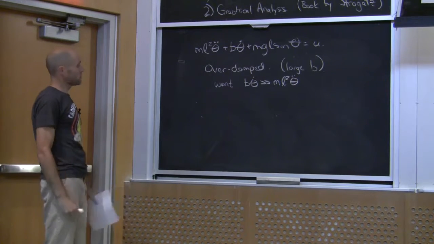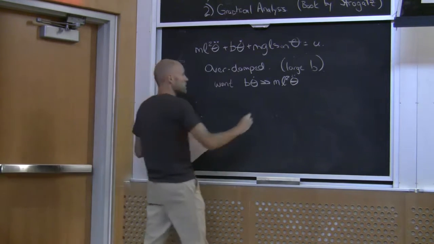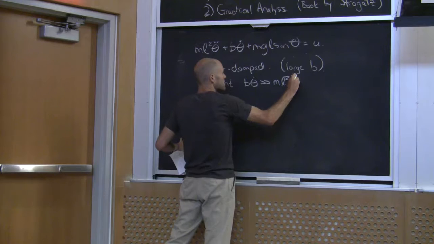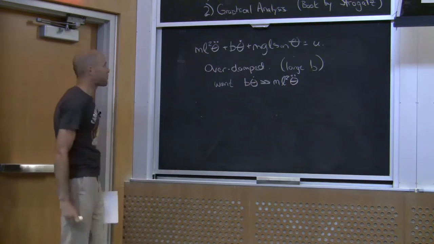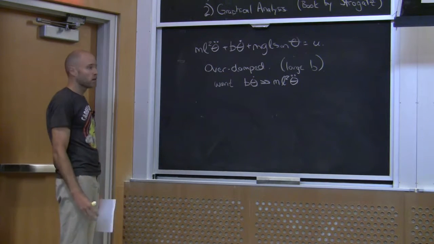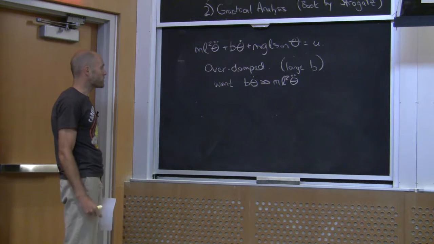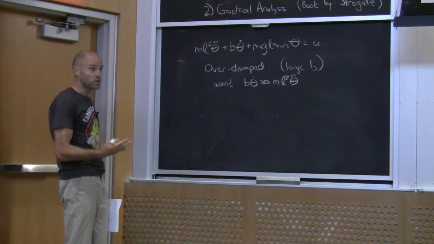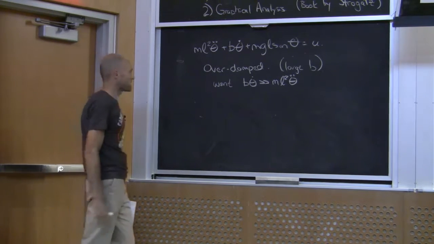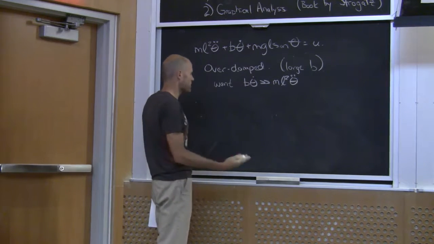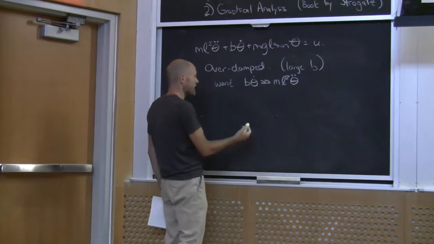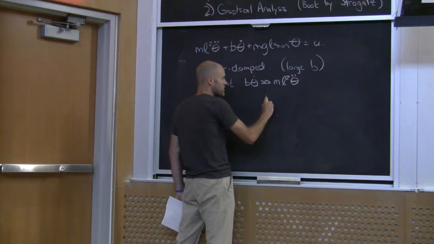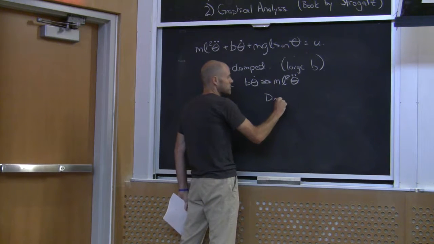Okay, so to be careful, if you want to pick a parameter regime where that's a safe assumption, one of the things you often do in a nonlinear dynamics case is dimensional analysis.